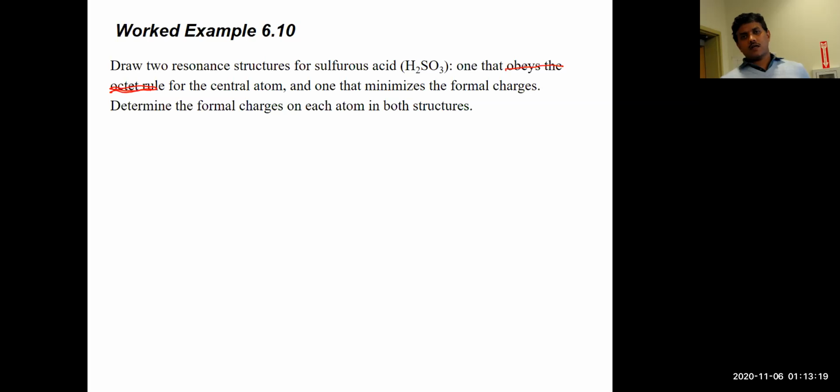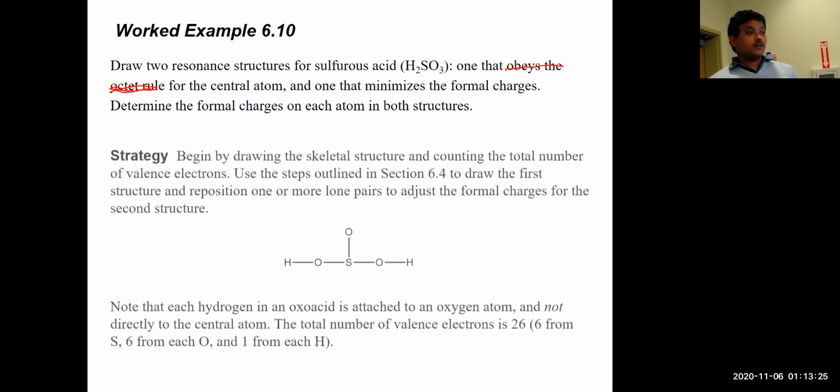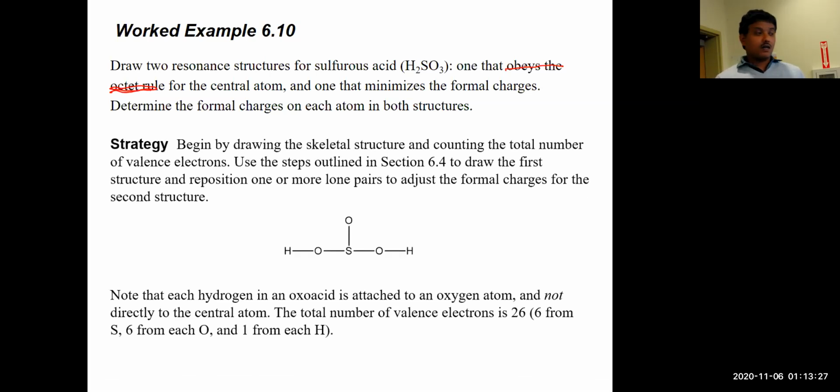Sulfur should be the central atom, because sulfur is from period 3 and can accommodate more electrons. Sulfur loves to connect to oxygens, but not hydrogens, and hydrogens love to be on the outside oxygens, which eventually makes them act like an acid, which we will discuss a lot in the third term of this general chemistry sequence.